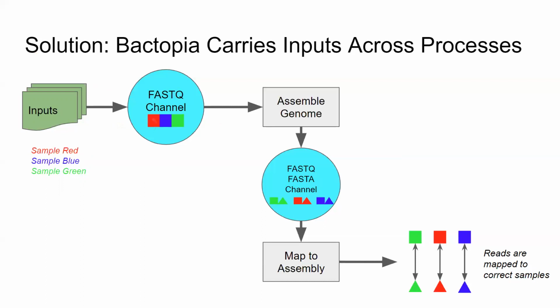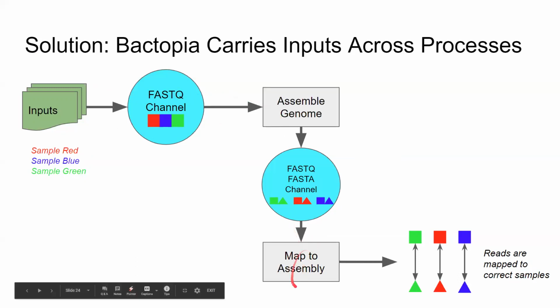So when you do it this way, you're basically saying also keep these FASTQ channels going, so they stick together and then get passed. And now this process knows, hey, process these two together, and now you get what you're going for.